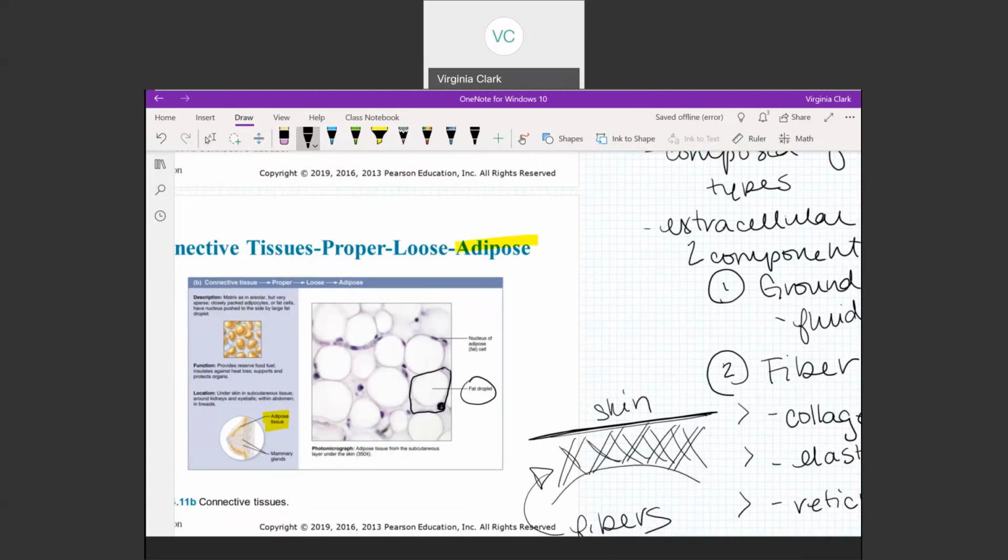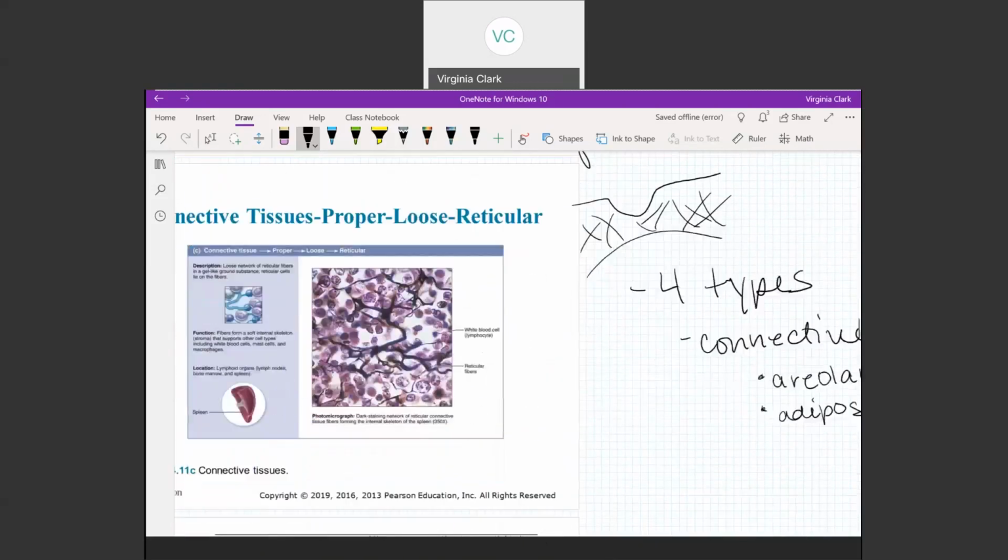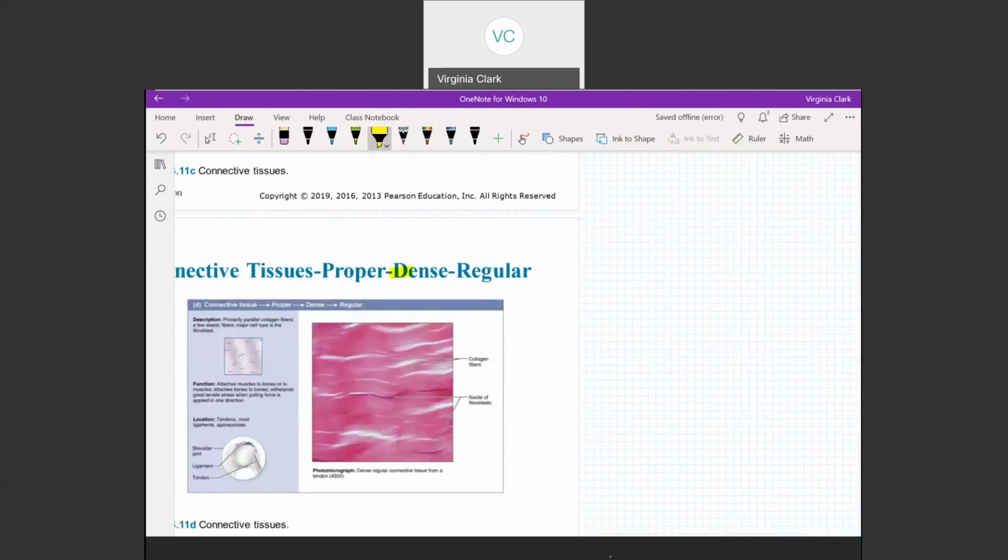Do not get the adipose tissue and the simple squamous tissue confused. Here's reticular tissue, where you're still able to see the fibers, but it's called reticular fibers. So it's reticular tissue, so the reticular fibers stand out even more. And then here's dense regular. So this one is going to have a lot of fibers.